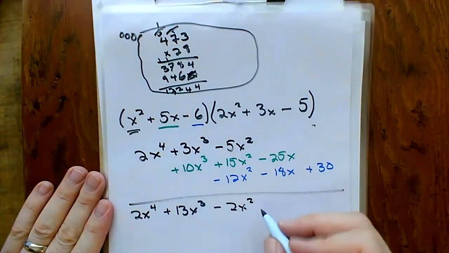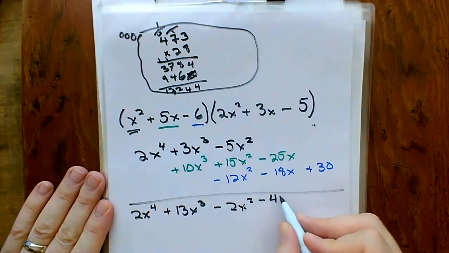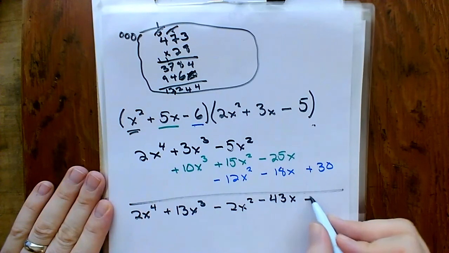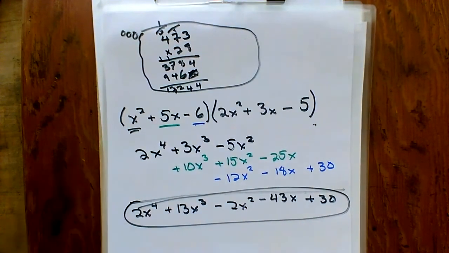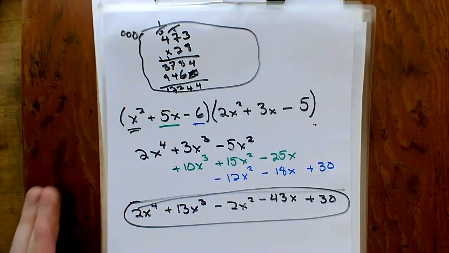Minus 25x minus 18x is going to be minus 43x, and then plus 30. So we'd be done right there. All right, that's all we've got for right now, and I will see you in the next video.